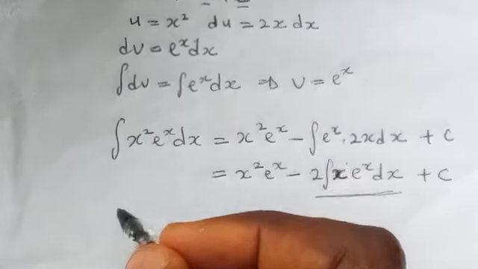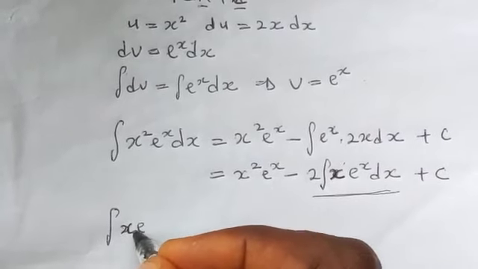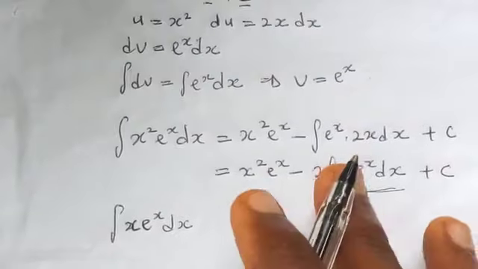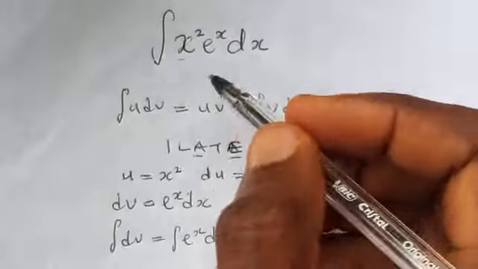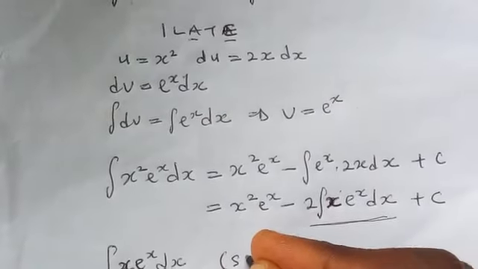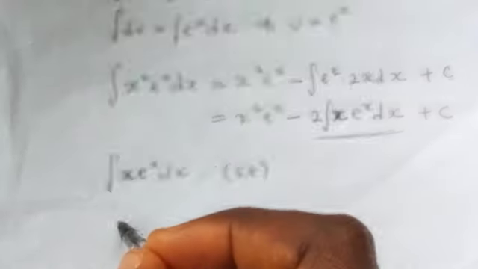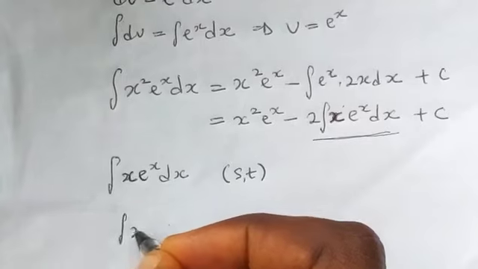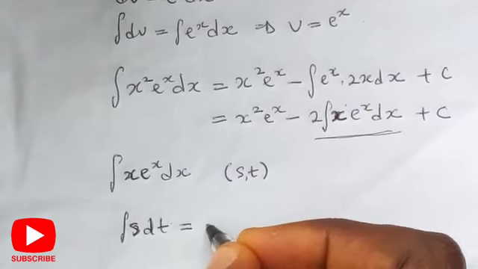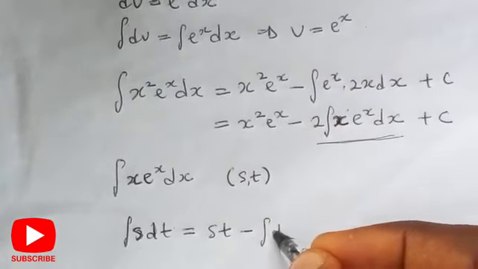So integral of x e raised to power x dx. For the first one we used u and v, and for this one let's use s and t. So our formula for this one will be integral of s dt equals st minus integral of t ds.